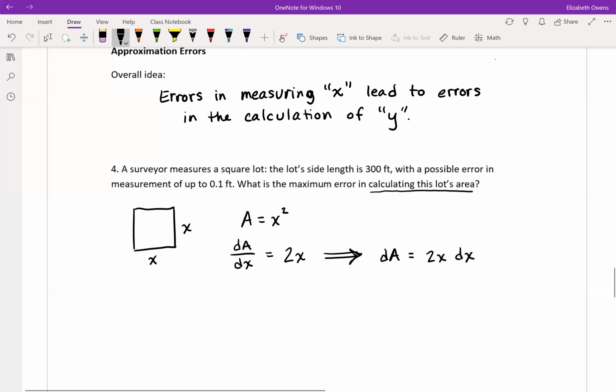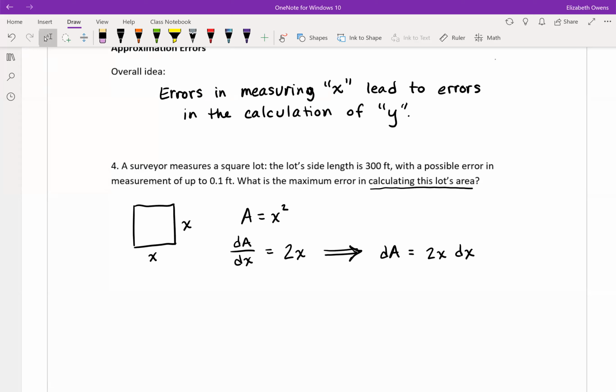And with these differentials, the little changes, the little dA, dx, those are referring to little errors in our measurements. So the dx right here, a little change in x, how far off could we be with x? That's our error in the side length measurement.